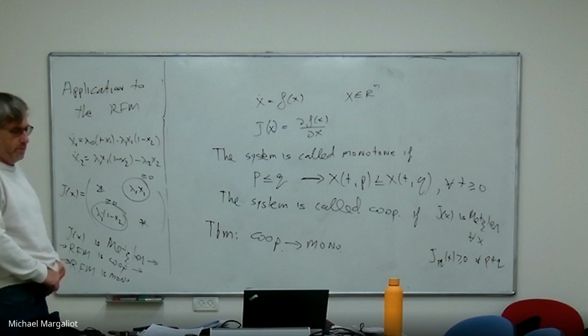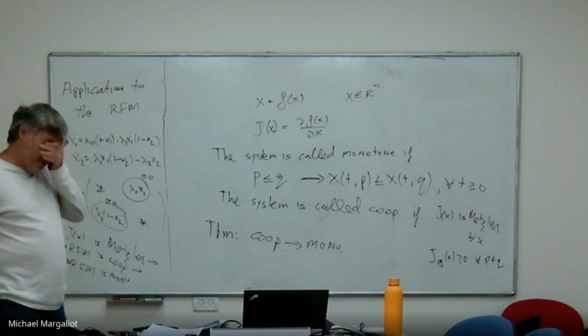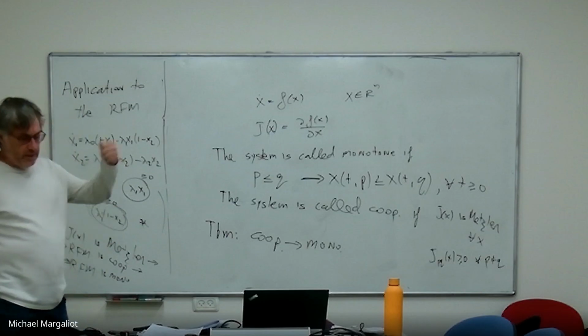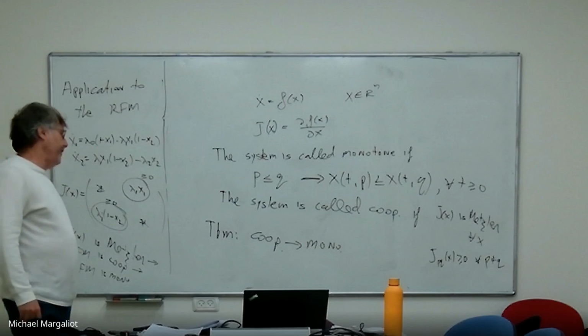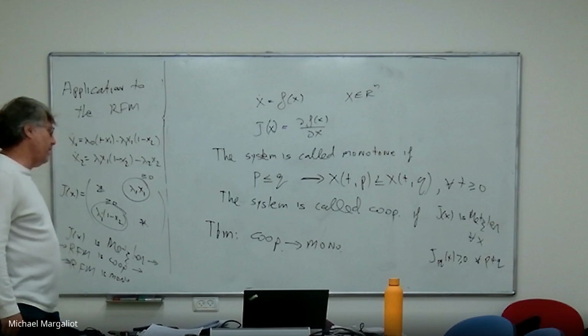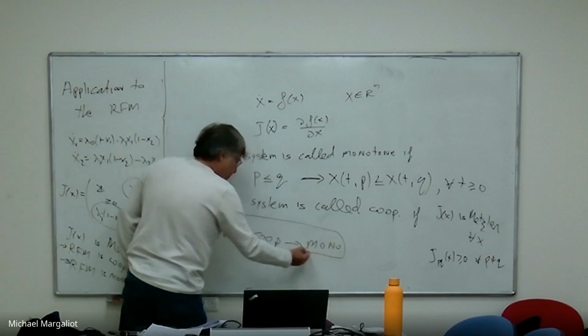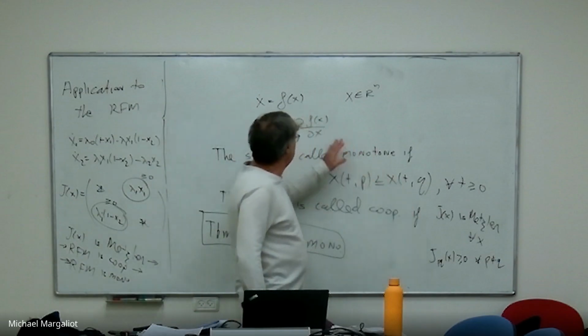I'm sure that this is a property that you can find in many physical systems, where if you increase one of the state variables, it can only increase the derivative of another state variable. And cooperativity implies monotonicity. This is very important because cooperativity is easy to check. You don't need to know the solutions.